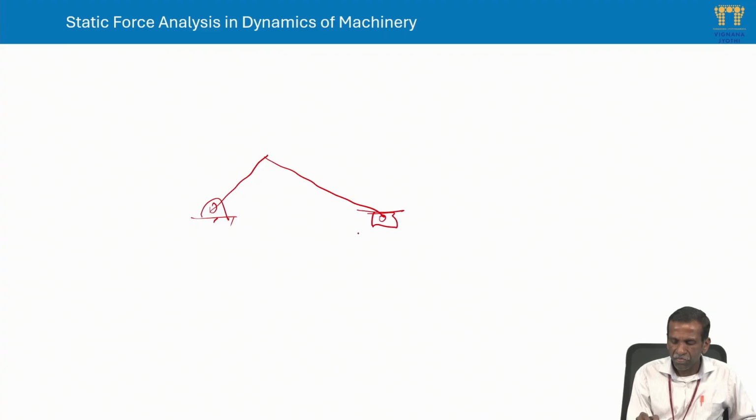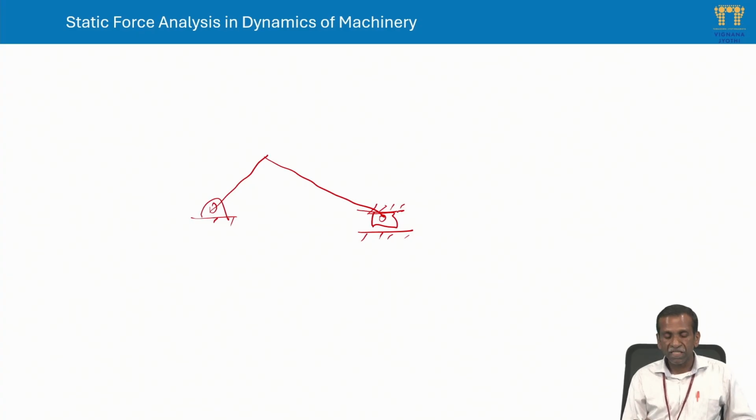In the problem statement itself, we should know the specification. The mass of the links must be given, all the links' mass. Then you have to find the acceleration forces and acceleration couples, that is, inertia forces and inertia couples.